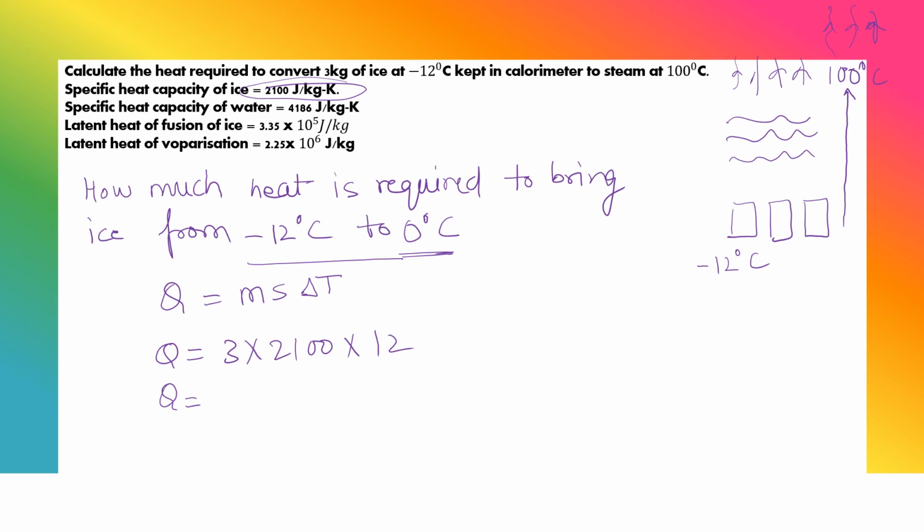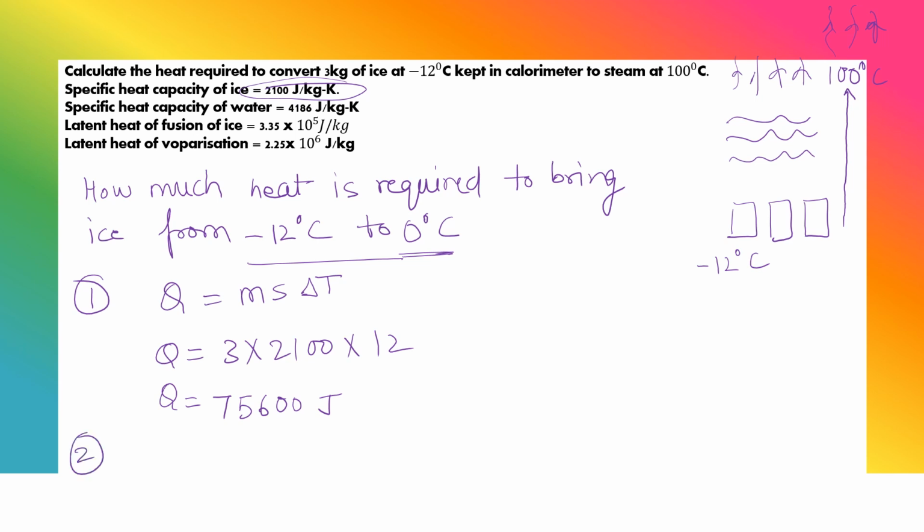If you do the calculation, you will get 75,600 joule. Why am I writing joule? Because the unit of heat is joule. So this is the heat required in the first stage, it means just increasing the temperature of ice.